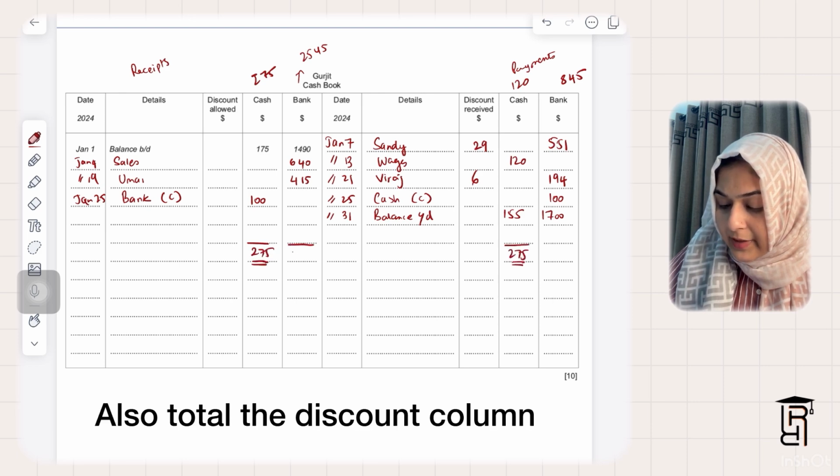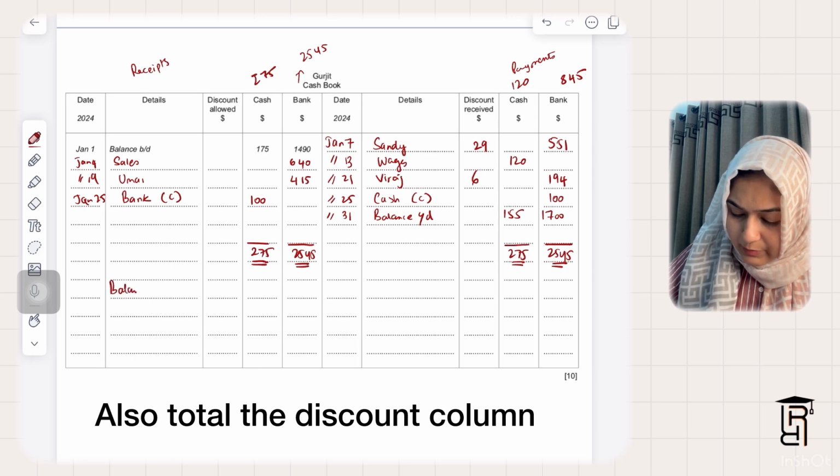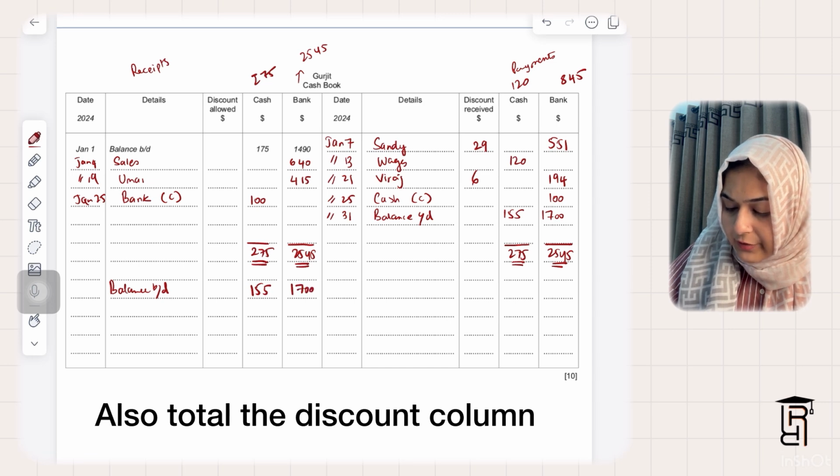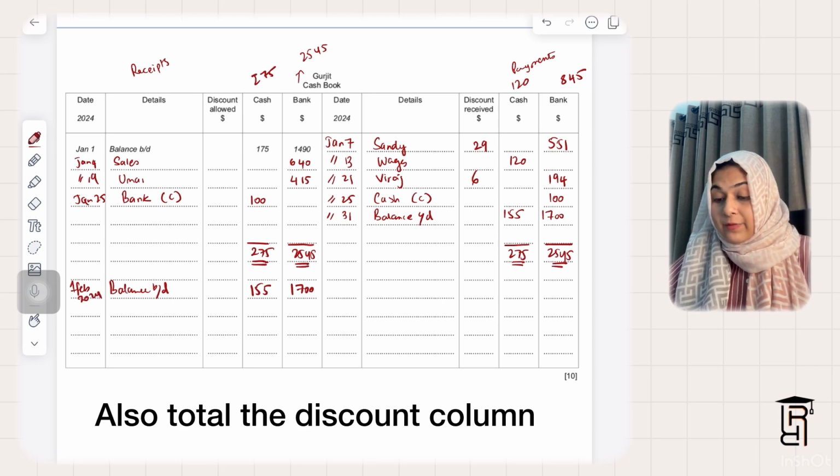The bank balance, I will total this, 2545 both sides, and this balance carried down will become my balance brought down. So I will write here balance brought down. I will write here 155 in the cash column and 1700 in the bank column, and I'll write here 1st February 2024. So that's it for my cash book.